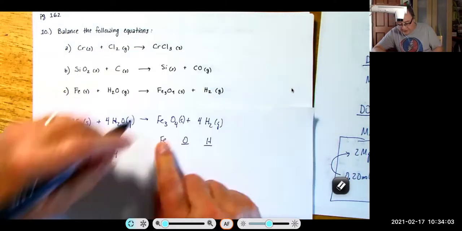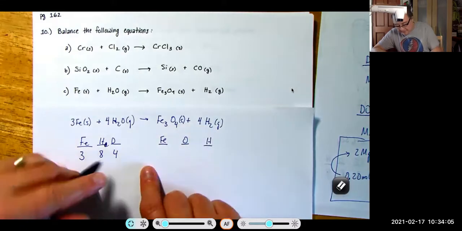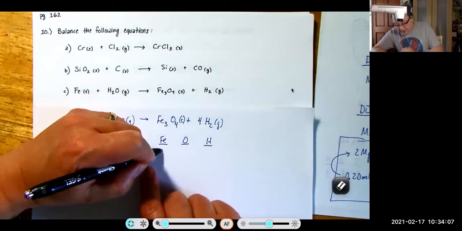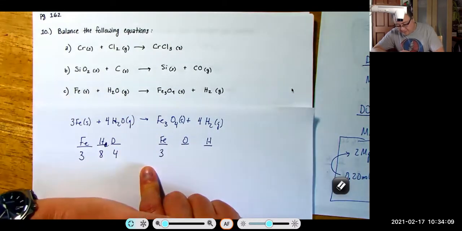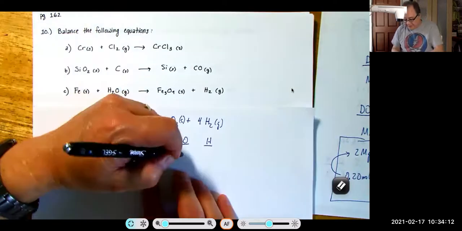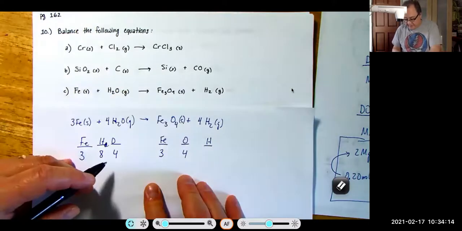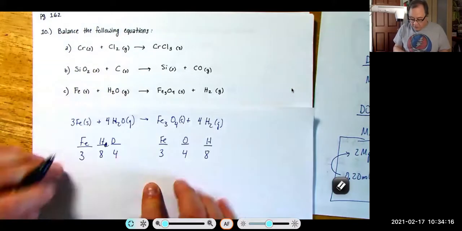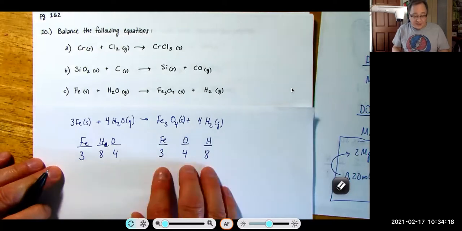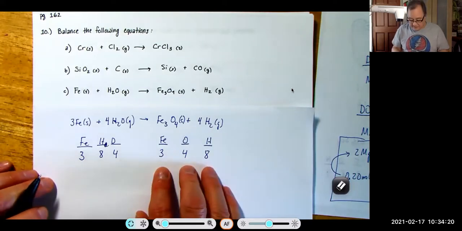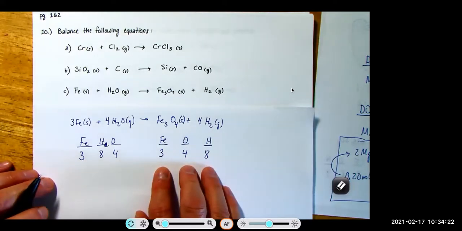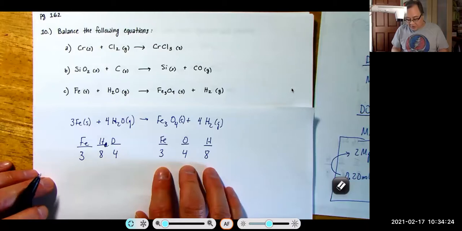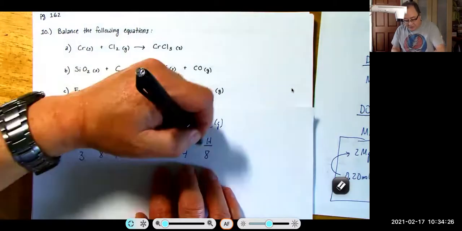So how many ions? 3. How many oxygens? 4. How many hydrogens? 8. 384, 348. Do these lists match? Mhm. I mean, they're in different orders. They do match, but they're in different orders, which means this is a don't.